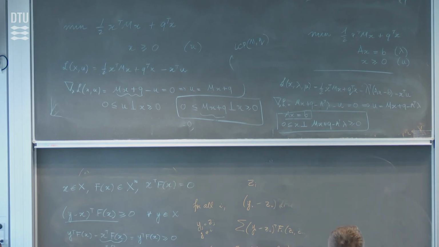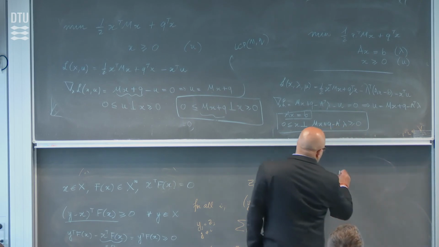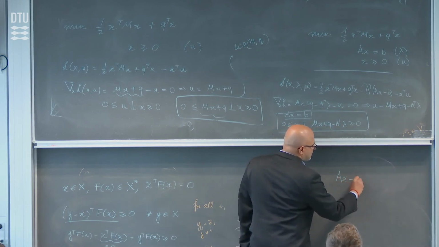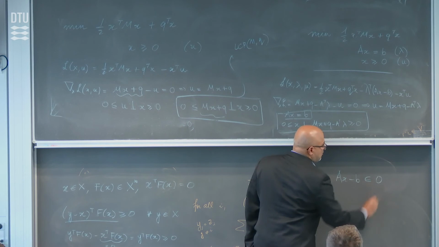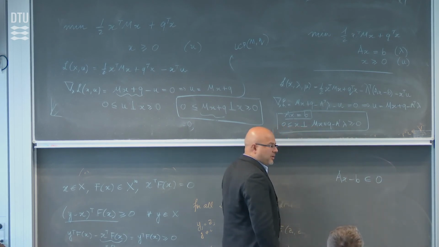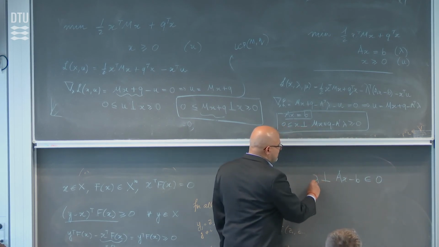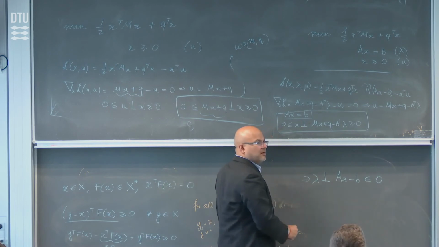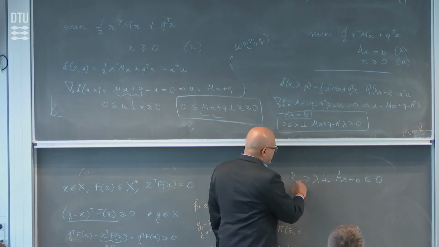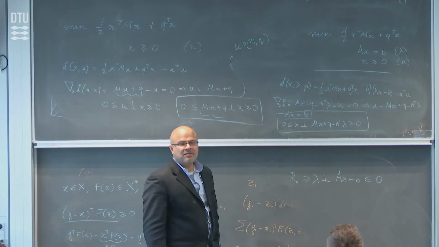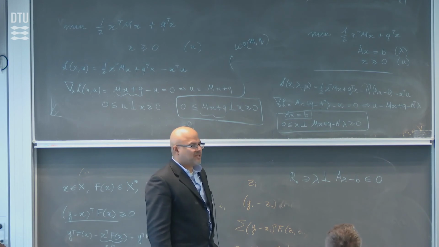So if I tell you x is just 0, not the empty set, 0, it's a singleton. Go on, Olivia, you got it? It's Rn, right? So now if it's Rn, we can write this as Ax minus b is in 0, and this is orthogonal to lambda, which lies in Rn, because lambda does not have a requirement in terms of sign.